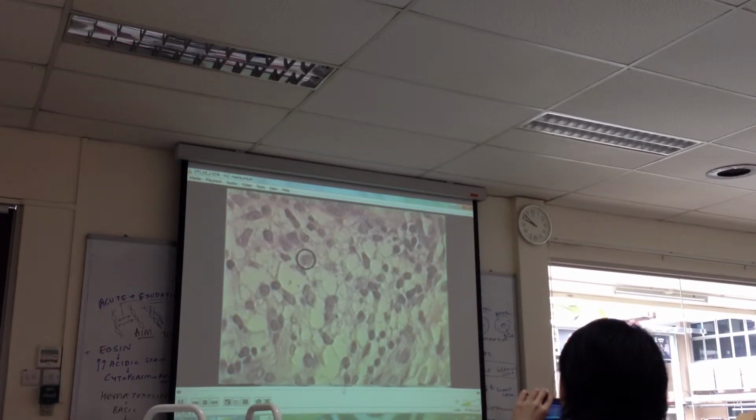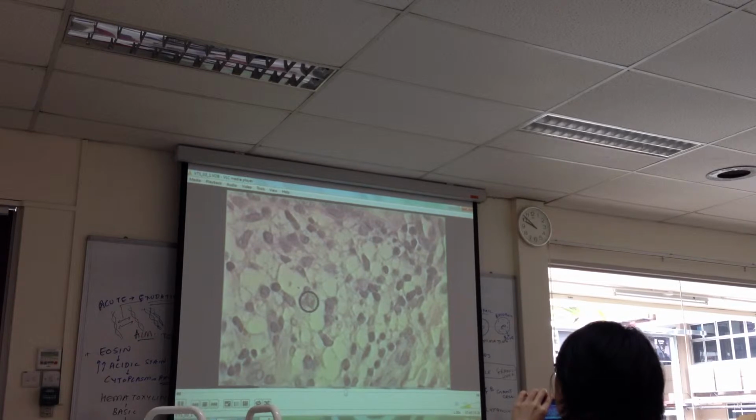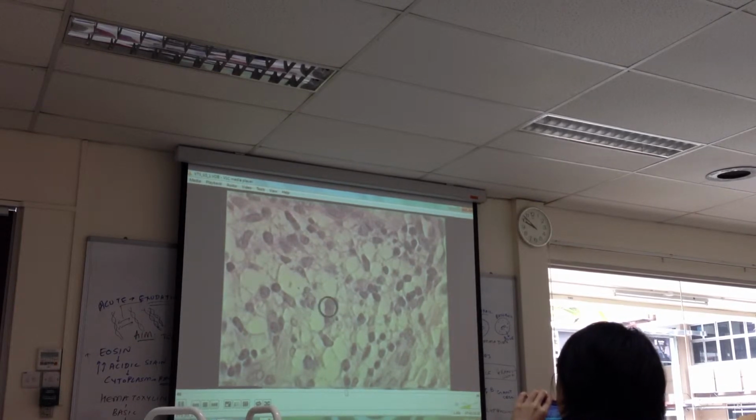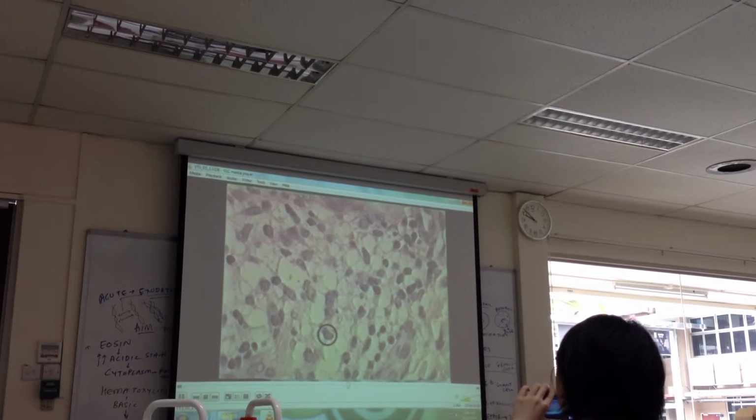And macrophages, which are larger. They present antigens to the T cells and often phagocytose material.